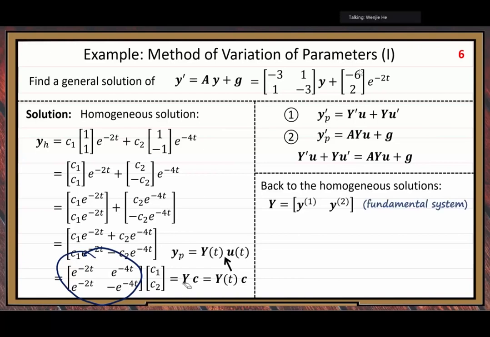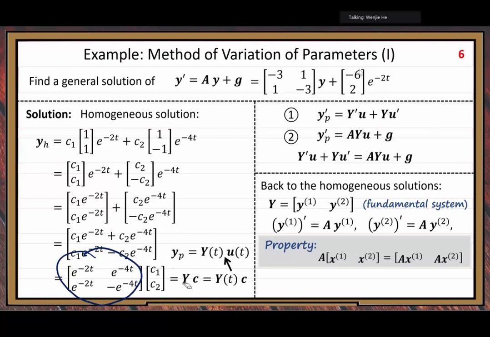In this special matrix, each Y column vector, the first column vector, second column vector, satisfy the homogeneous version of the equation. So the first one, the second one satisfy this homogeneous equation.